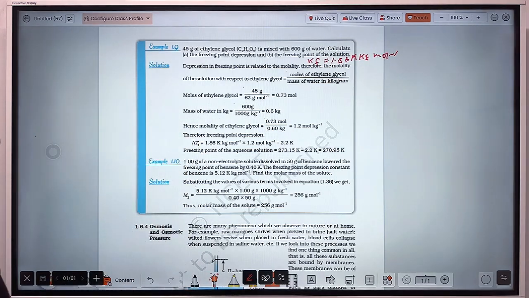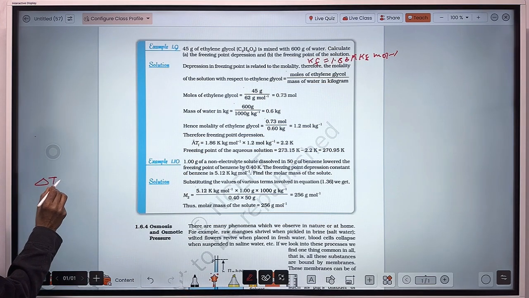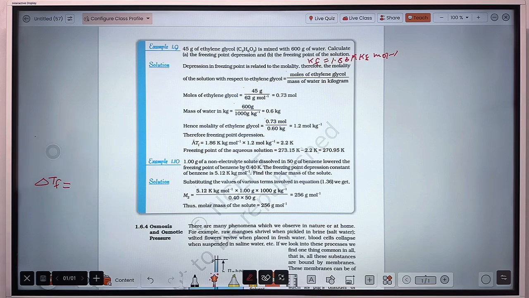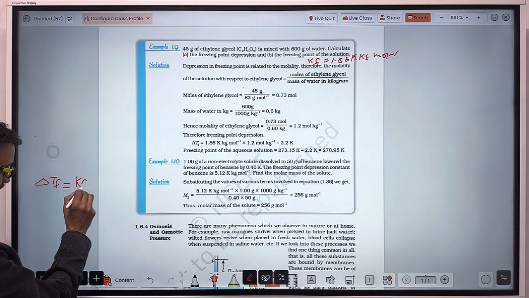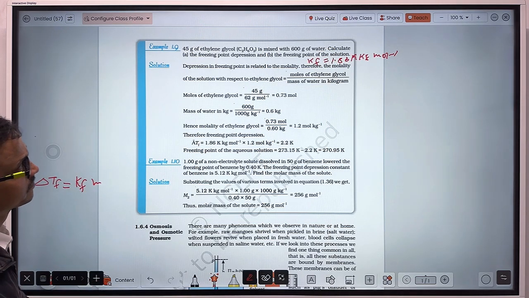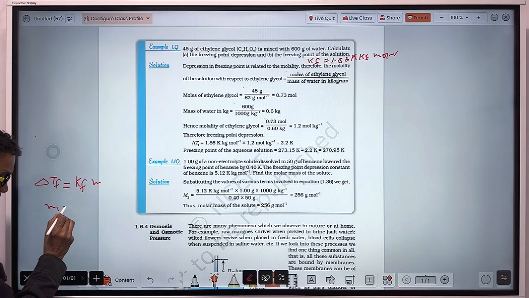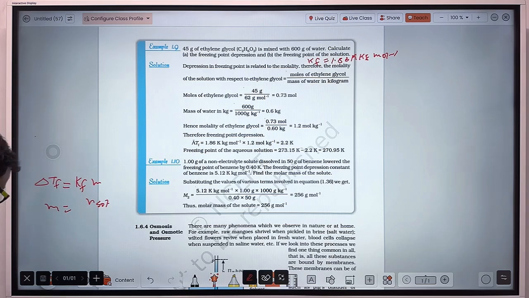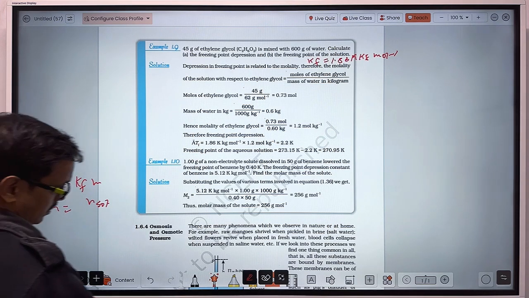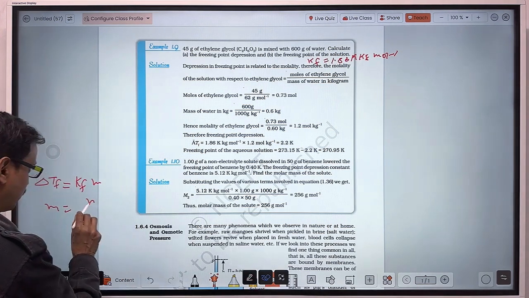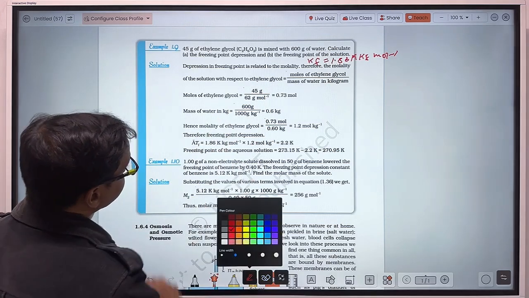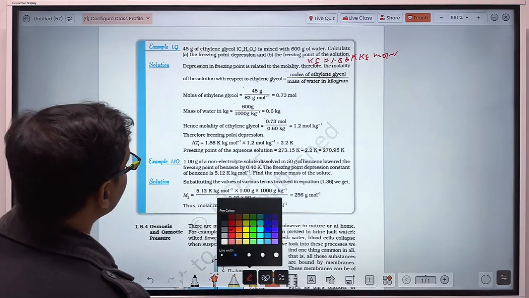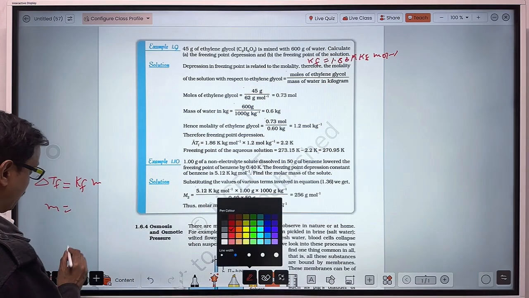Very simple: delta Tf, that means depression in freezing point, will be equal to Kf into molality of the solution. Find out the molality of the solution first. Molality is the number of moles of solute, here ethylene glycol, upon the weight of water in kg.